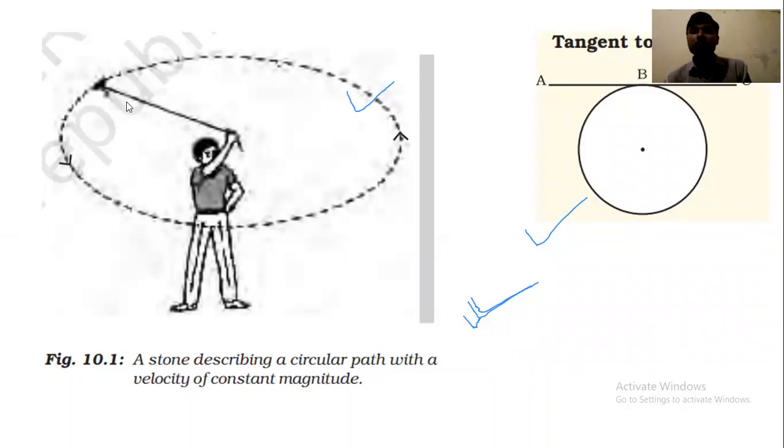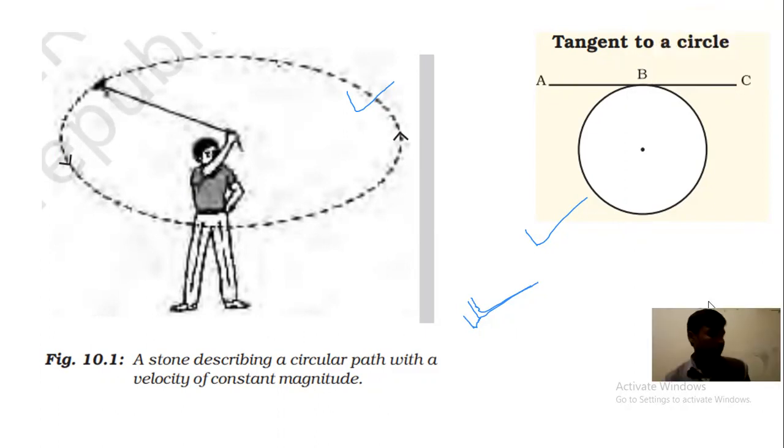When the thread is removed, the stone will go in a linear direction, tangent to the circle, as you can see in this figure. When we remove the thread, the force is released, and the stone goes tangent to the circle.